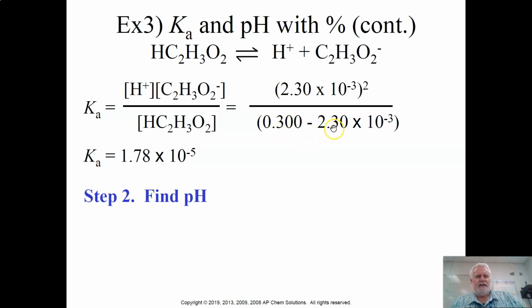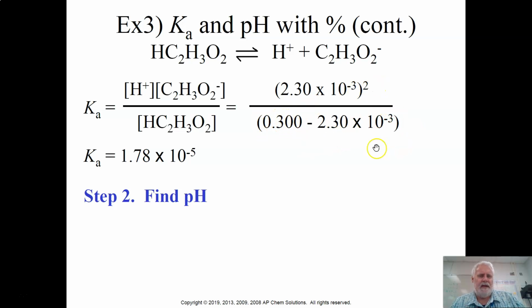0.30 minus 2.3, and you can actually just plug these numbers into your calculator. If there's no x, you don't have to go, oh, do I need to include that one or not? It'd be interesting to see if it changed your answer if you want to try that without, but I would err on the safe side and just plug the numbers in your calculator.